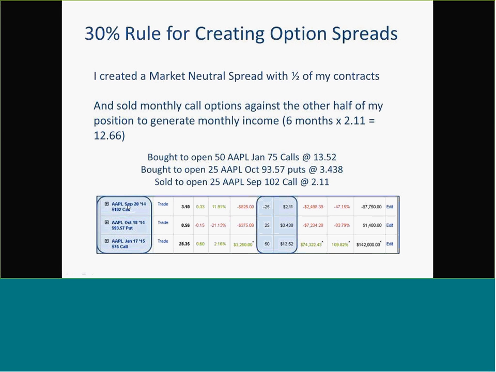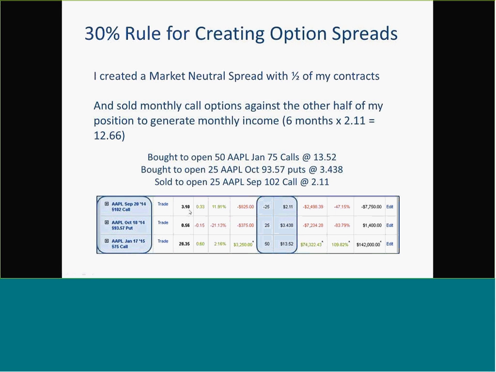with my Apple position. So you can see I own 50 of the 75 strike calls at 13.52, and then I bought 25 put options, October 93.57 put options. I bought 25 of those at 3.43, and then for the other half of my position, I sold monthly call options.